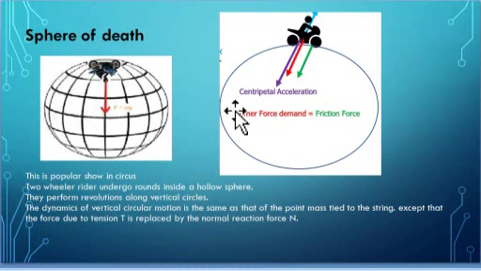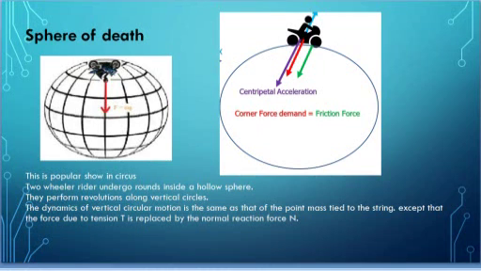Two-wheeler riders undergo rounds inside this hollow sphere. They perform revolutions along the vertical circle. Now this vertical circular motion is the same as that of the point mass tied to a string, except that the force due to tension T is replaced here by normal reaction.